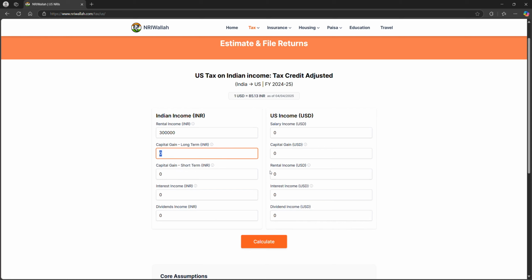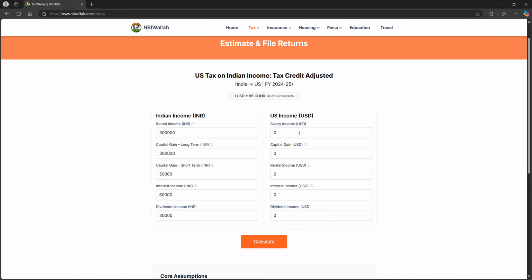Capital gains, if you have sold some long-term assets, let's say around 3 lakhs again. Then short-term capital gains, if you have sold shares or whatever, around 50,000, very modest. Interest income, let's say 60,000. Dividend income, say 30,000.